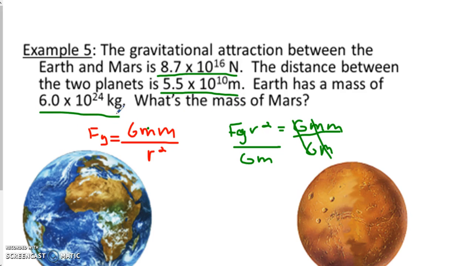So after we do this, let's look what we get. So FG, 8.7 E to the 16 times R squared, which is 5.5 times 10 to the 10.